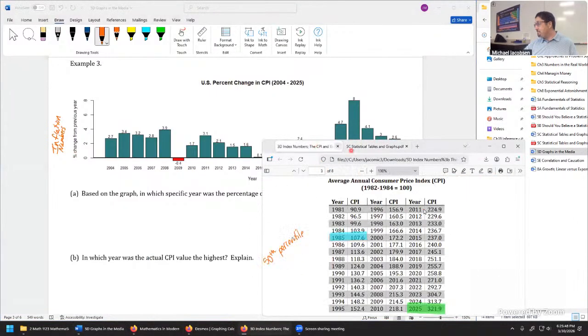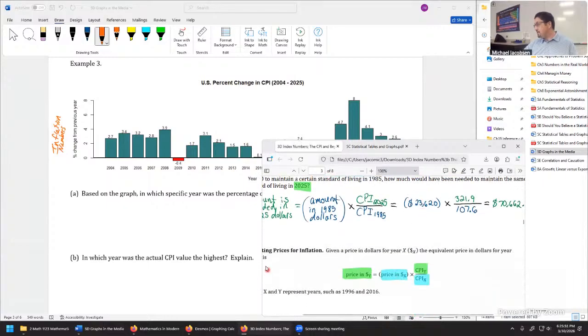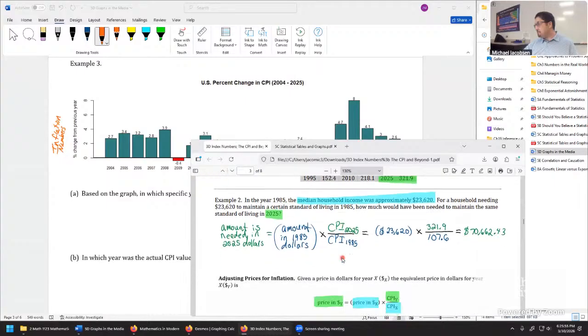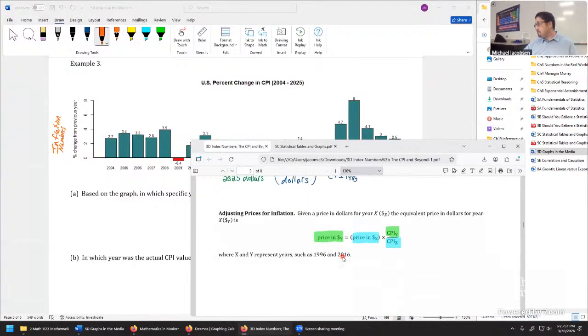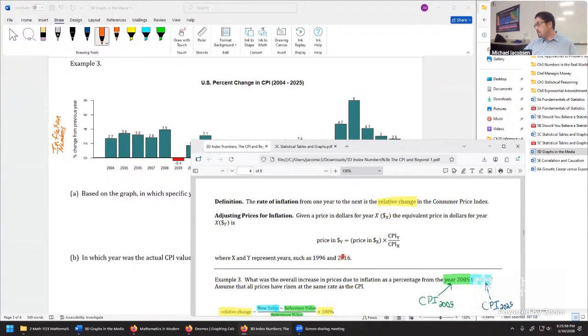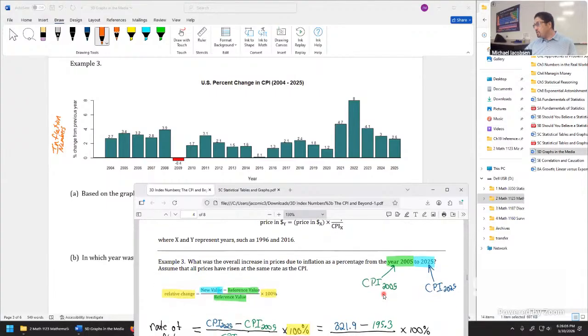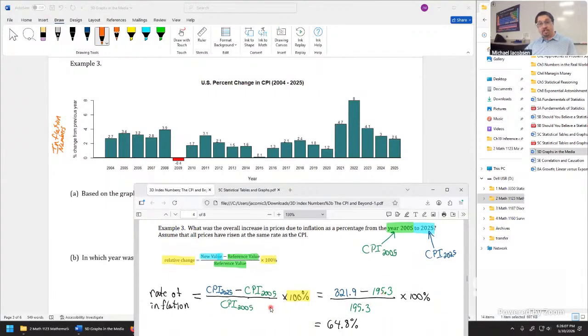Sorry, I thought I had the right spot there. When we looked into finding the inflation values, we took one year compared against another year, we divide by that year, multiply by 100 to turn it into a percentage.